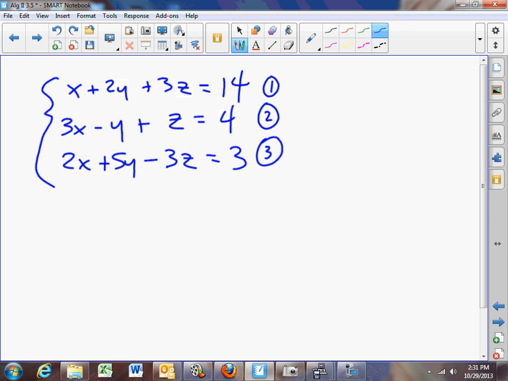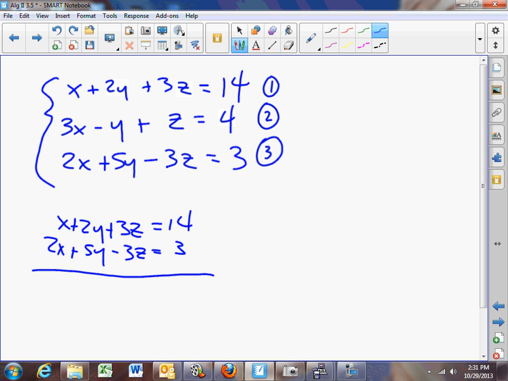So let's do that. First of all, we'll get rid of z using equations 1 and 3. So what I'm going to do is add x plus 2y plus 3z equals 14 to the equation 2x plus 5y minus 3z is equal to 3.